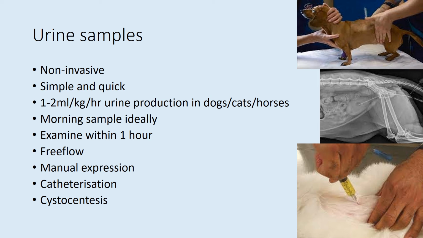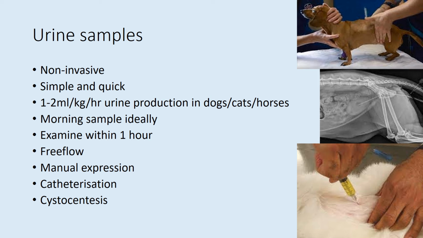So therefore, it would be the first sample of the day. Ideally, if you are taking a sample, you want to then examine it within 1 hour, because we then start to see some changes to that urine after that time, which can mean that we get inaccurate results.